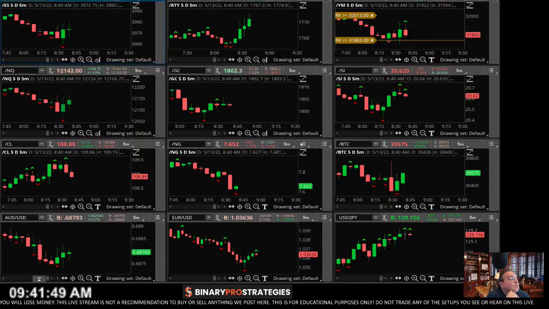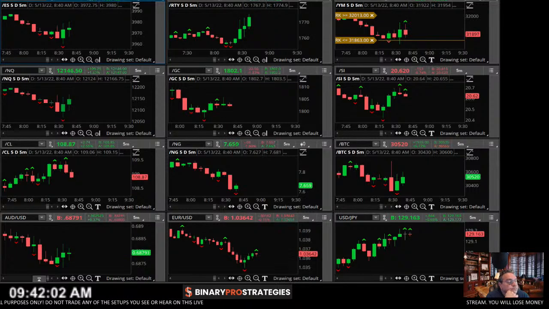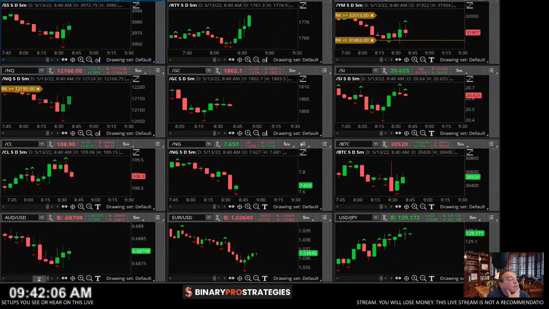Target on that's going to bring you up to 121.95. If you don't hit target, it's going to reverse at 120.82.5.